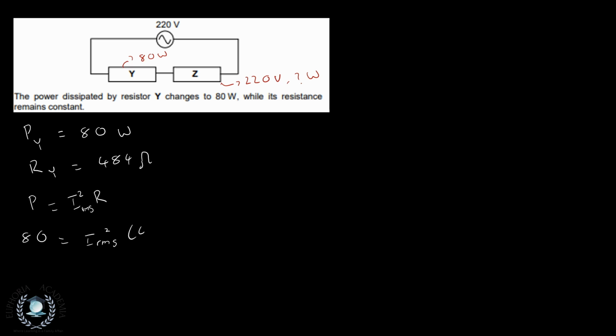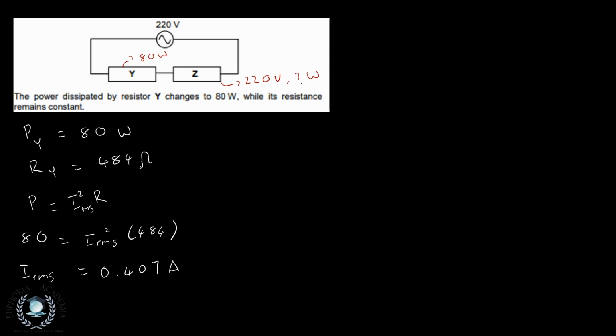We know that R is 484, and our I RMS is going to give us a value of 0.407 amps. All right.